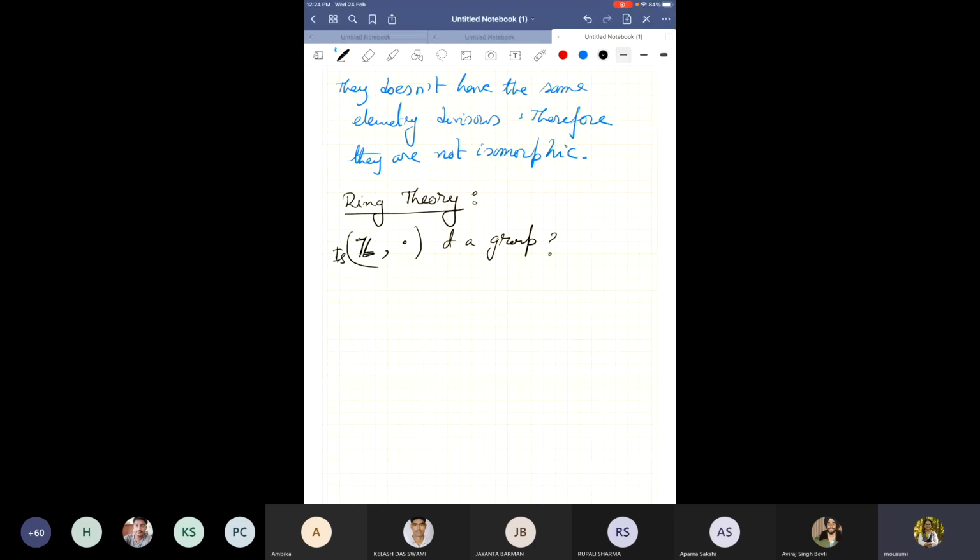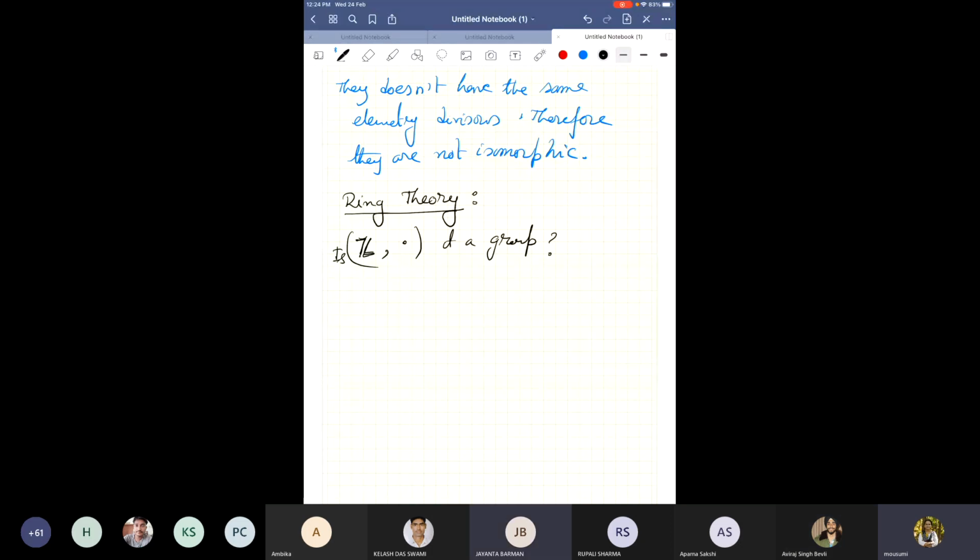But before talking about the multiplicative inverse, does there exist a multiplicative identity, an identity with respect to multiplication?